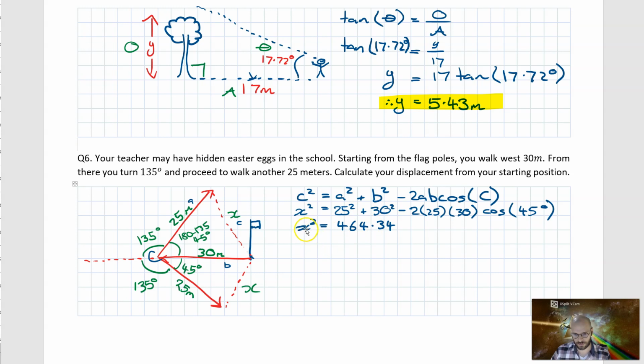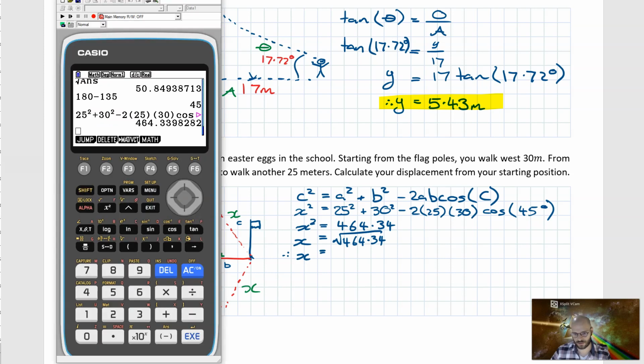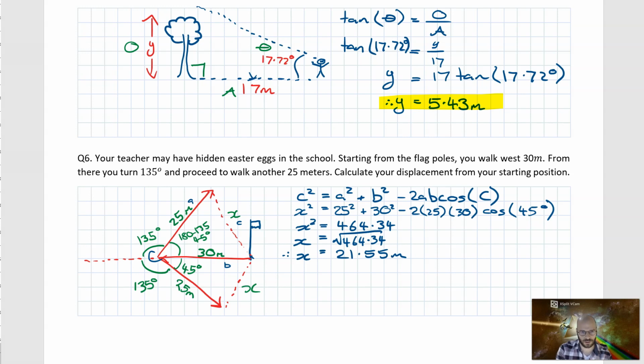But we need to remember this is the square of our solution. So what we need to do is take the square root of our solution. And when we take the square root, what we'll find is our displacement, or the distance from our starting location. So shift, square root, shift, answer. That will be 21.55.